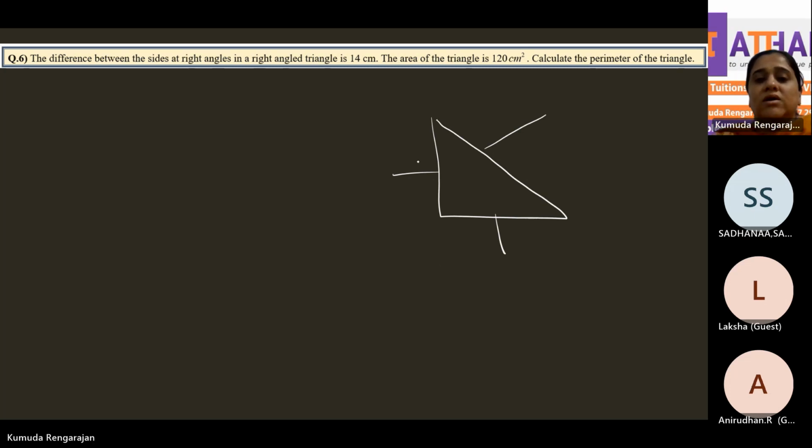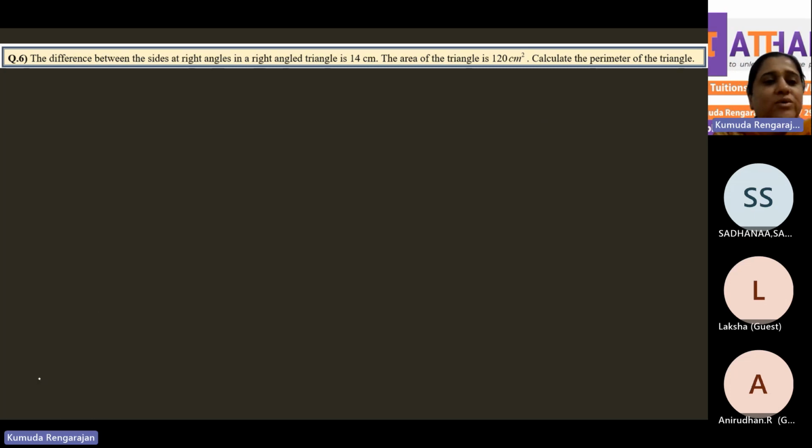Now, when you compare with the hypotenuse, you know that the hypotenuse is the longest side. But between this side and this side, how do we know which is the longer side? Anything can be the longer side. What is the difference between them? 14 centimeters. I'll read the question again.